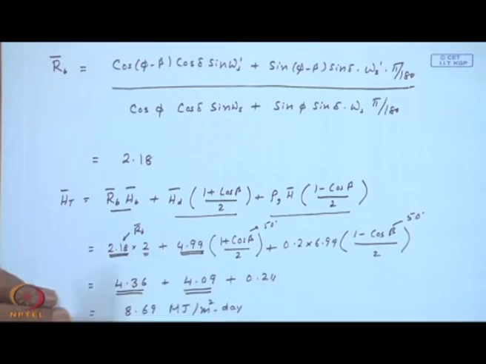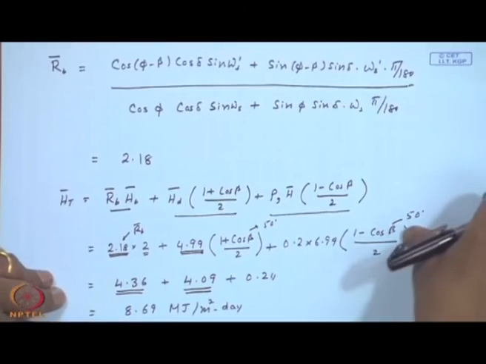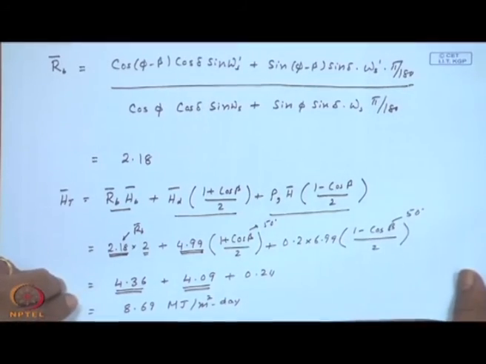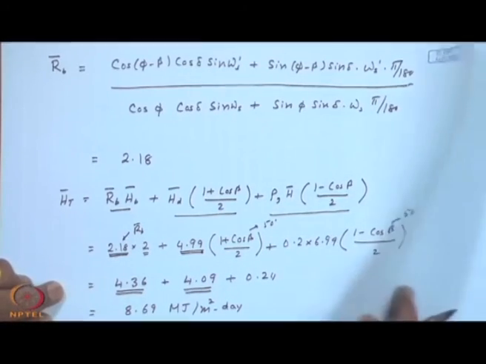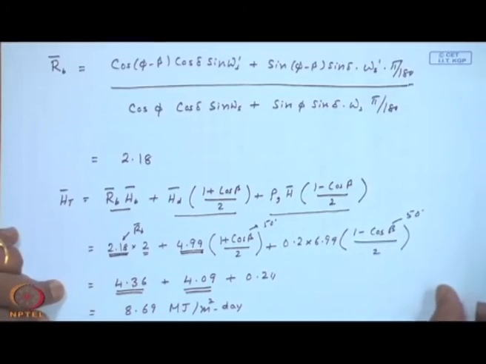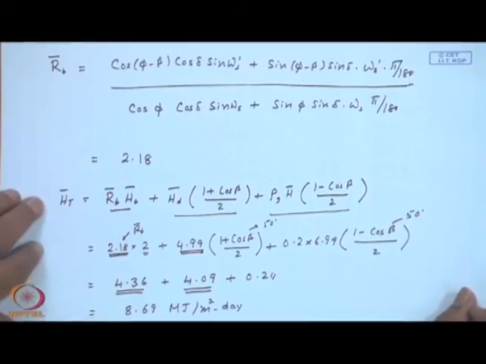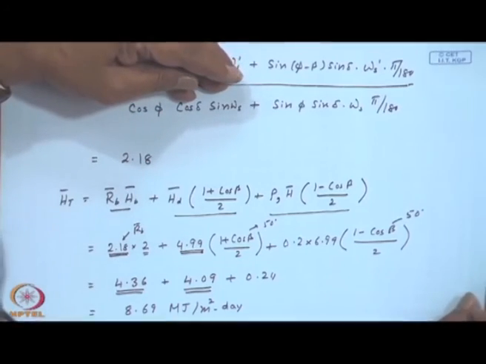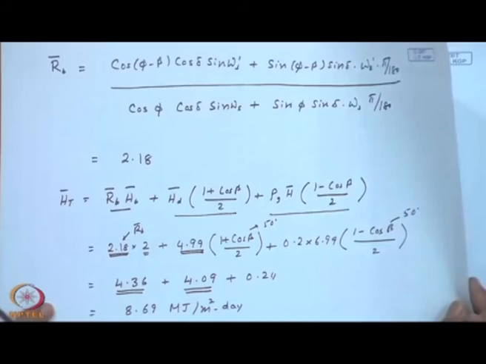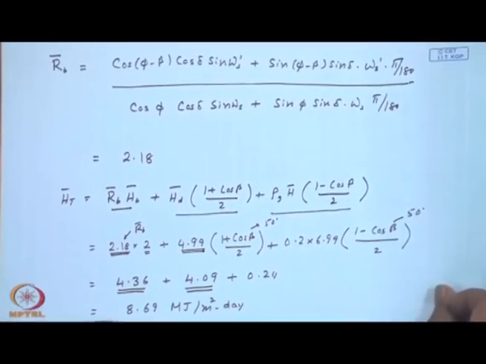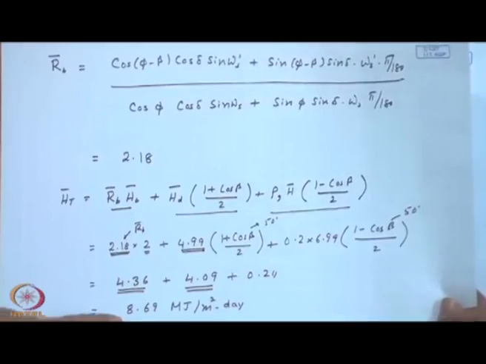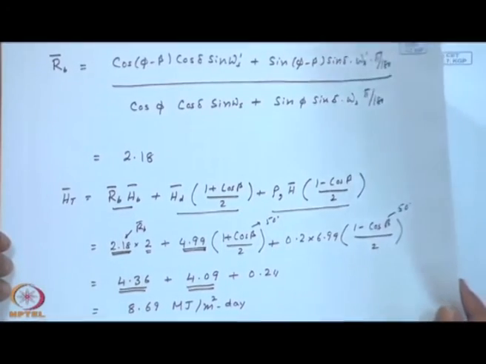This also shows the expected utility of a flat plate collector, that it accepts the diffuse radiation, and it is almost a 50-50% contribution in this H t bar for flat plate collectors. This is a winter month, the diffuse fraction is high, diffuse radiation relative to the global radiation is almost 70%, 65%, but still the solar radiation on the collector is 8.69 megajoules per meter square day.